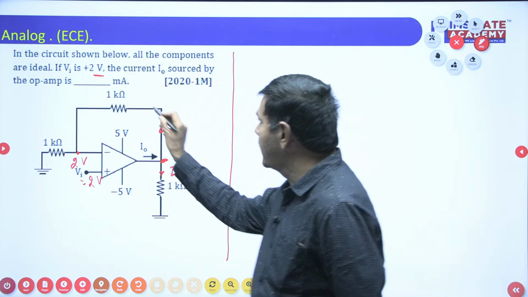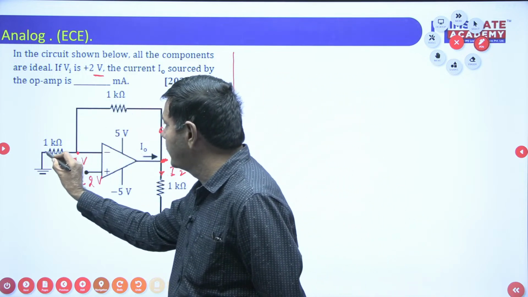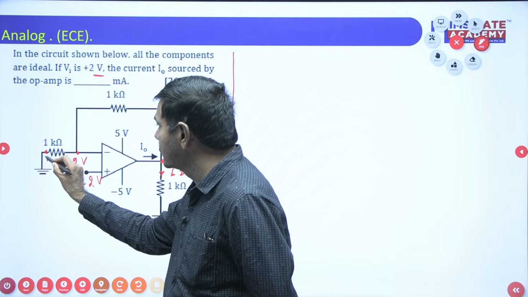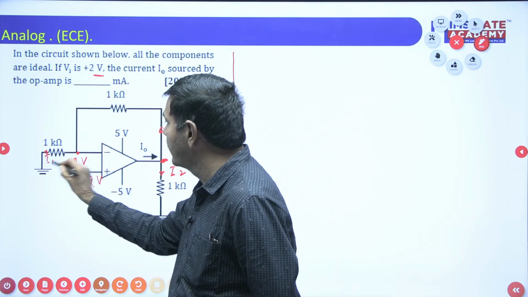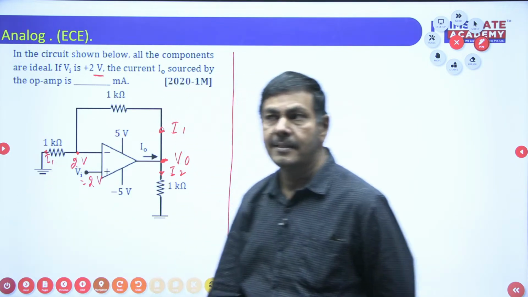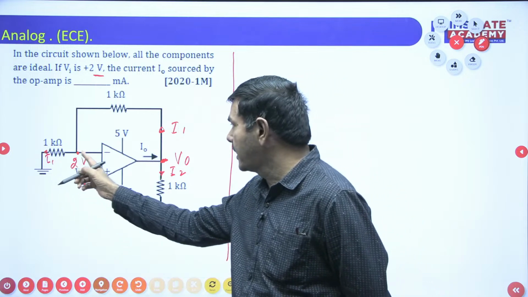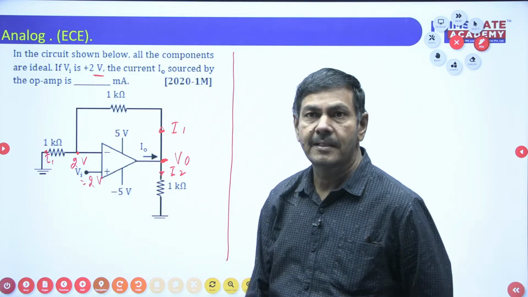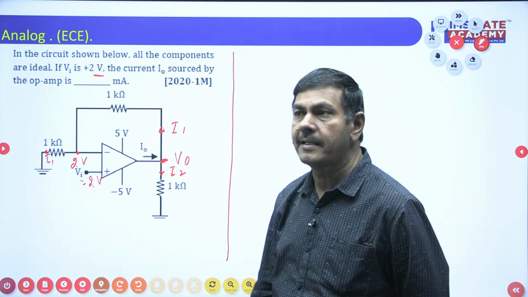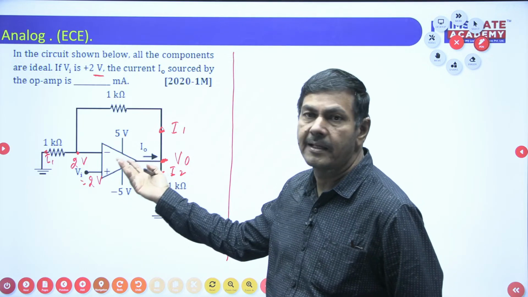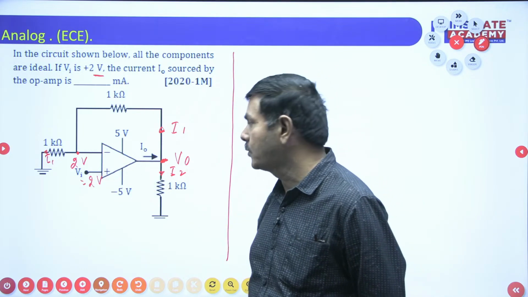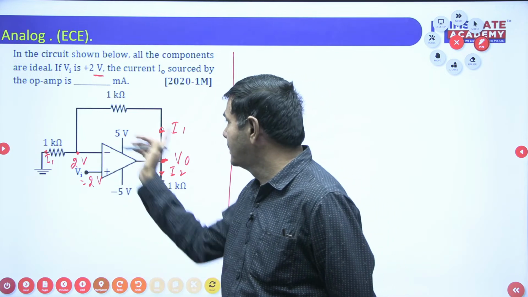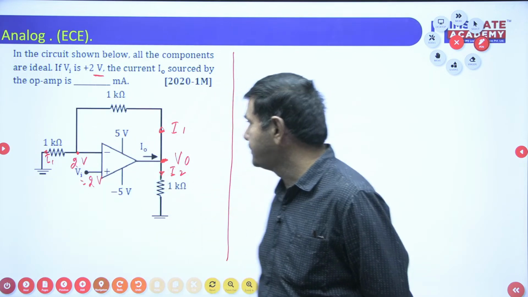If this current is I1, the same I1 is going to flow this side also, no doubt. It is not going to divert any current this side. Reason? The op amp is ideal, input impedance is very high, approximately infinity. Anyhow, the same current is going to flow this side.